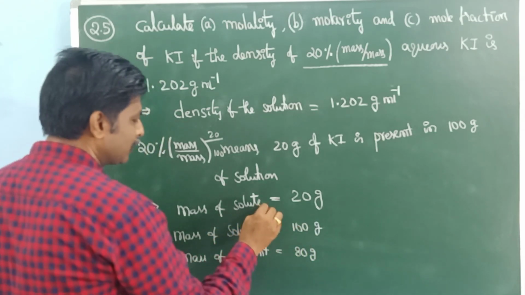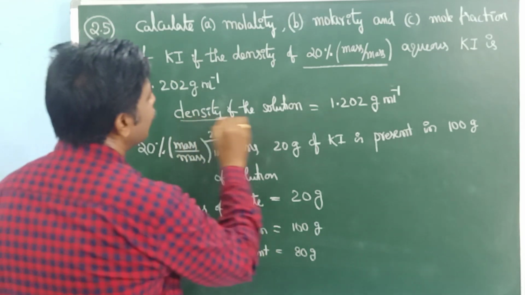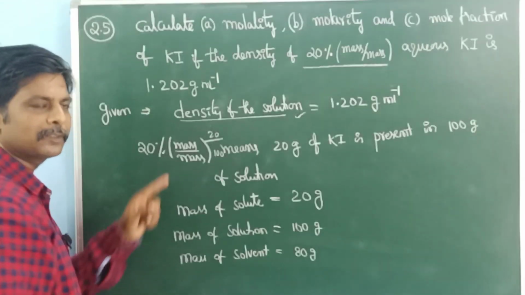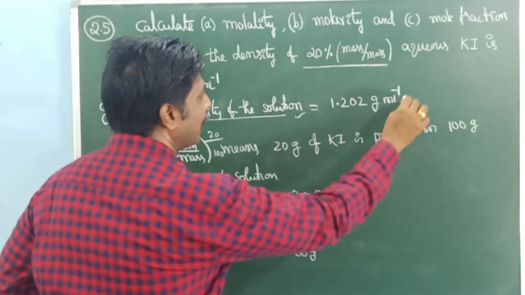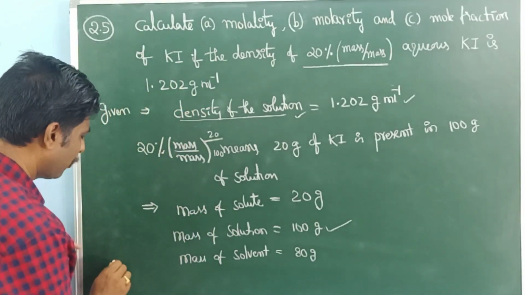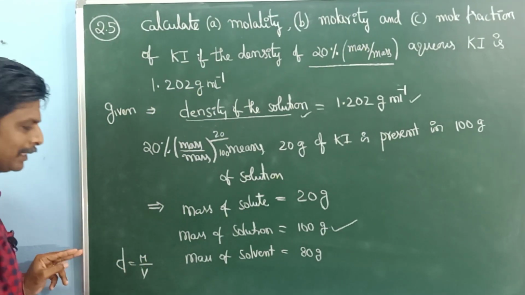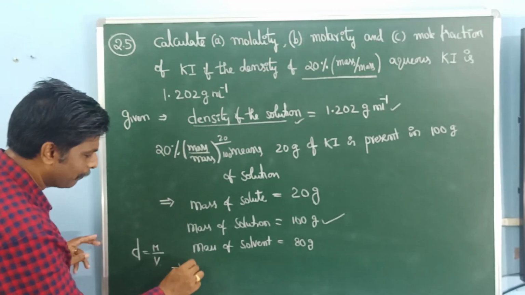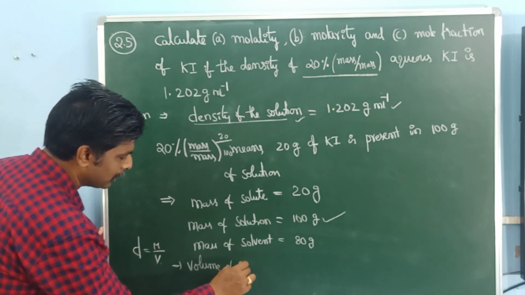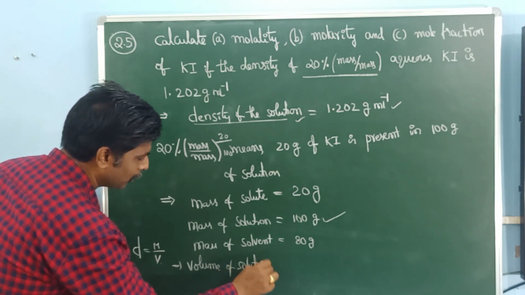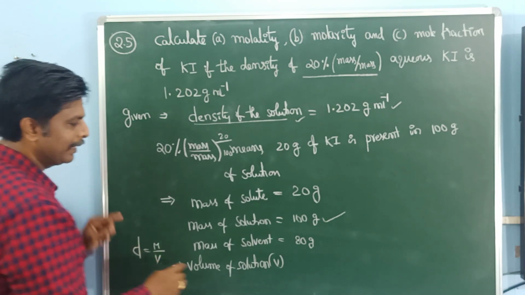So you know the mass of solute, mass of solution, mass of solvent, and the density of solution is given. You know the mass and density, and the formula is density is equal to mass by volume. That means you can calculate the volume of solution: V is equal to m by d.